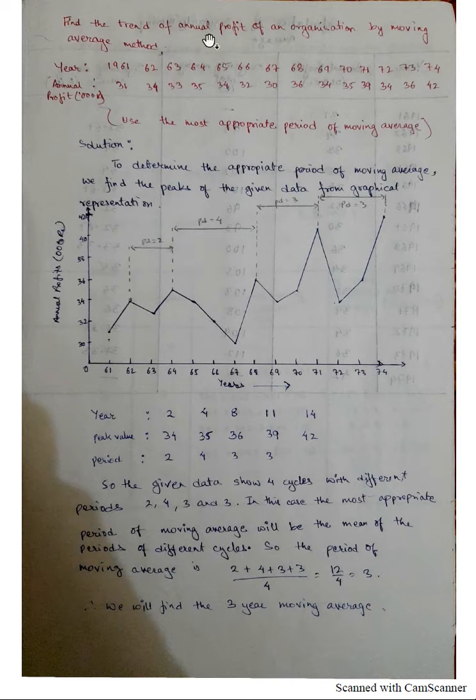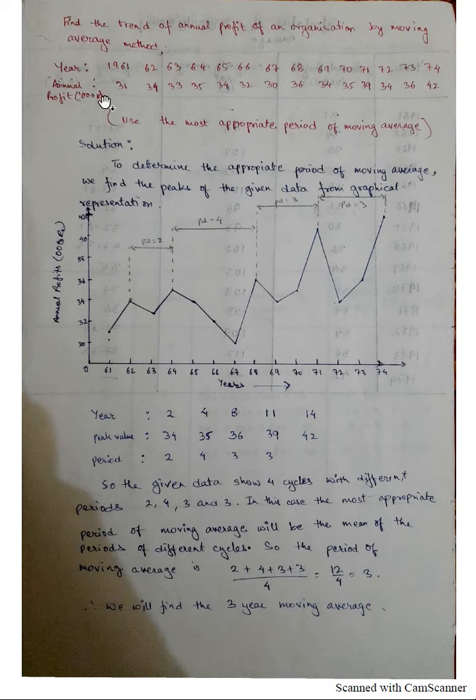Find the trend of annual profit of an organization by moving average method. So we are asked to find the trend of annual profit of an organization using the moving average method. Here the years are given: 1961, 1962, 63, 64, 65, 66, 67, 68, 69, 70, 71, 72, 73, 74.